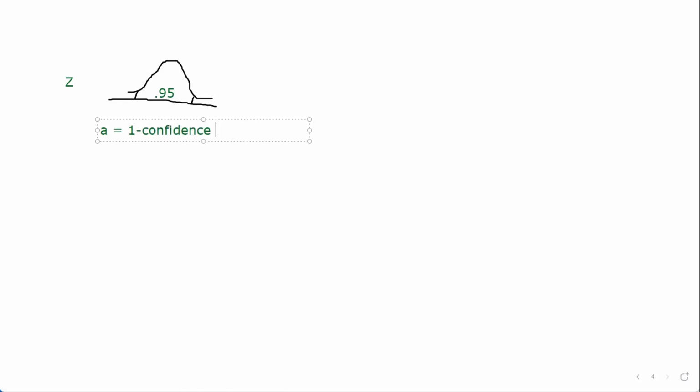So based on what I showed before, alpha is equal to 1 minus 0.95, which is 0.05. That's the area in both tails together. So this is the area in both tails together.